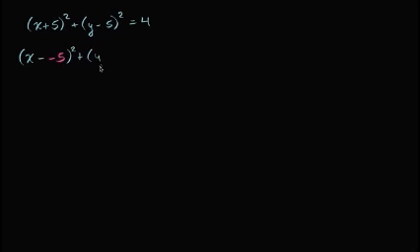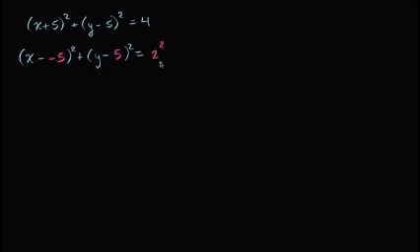That equation was (x + 5)² + (y − 5)² = 4, and I want to rewrite this as (x − (−5))² + (y − 5)² = 2², writing 4 as 2 squared. And so this right over here tells us that the center of the circle is x = −5, y = 5, and the radius is equal to 2.